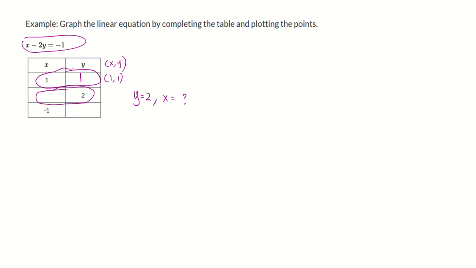So x minus 2, instead of y we're having 2, equals negative 1. Here we want to solve the equation and find the x value. So x minus 2 times 2 is 4 equals negative 1. To solve for x, you want to add 4 on both sides over here.